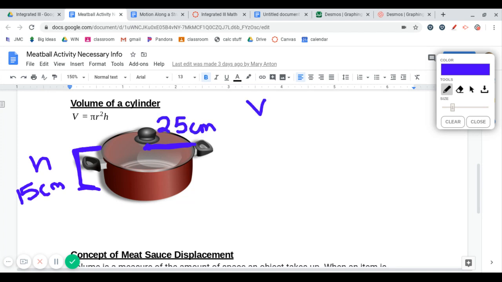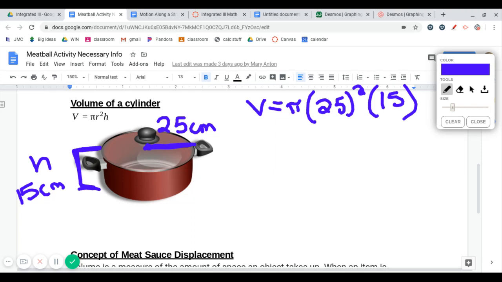The volume of this whole pot would be pi times the radius squared, which is 25 squared, times the height, which is 15.